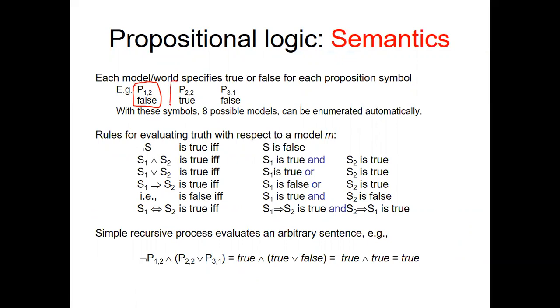If you say P2,2, it means there is a pit in the cell 2,2. Or if you say not P3,1, it means there is no pit in the cell 3,1. Whether there is really a pit or not, let us not get into that. But this is how we represent information using propositional logic.